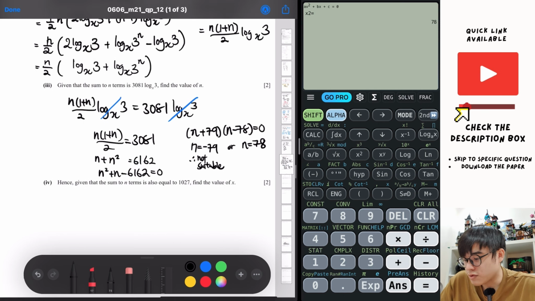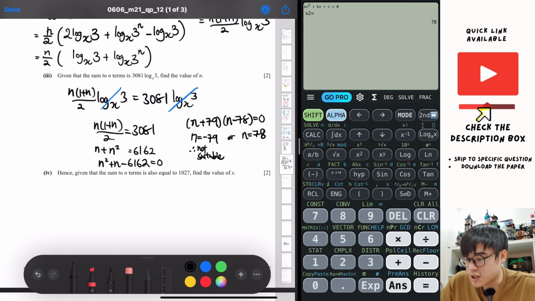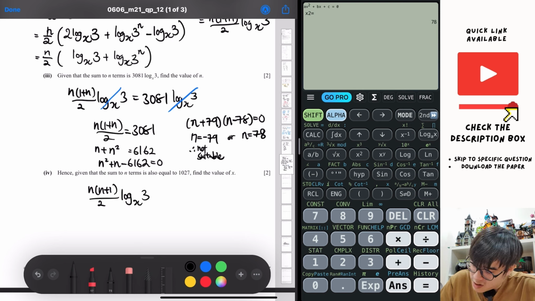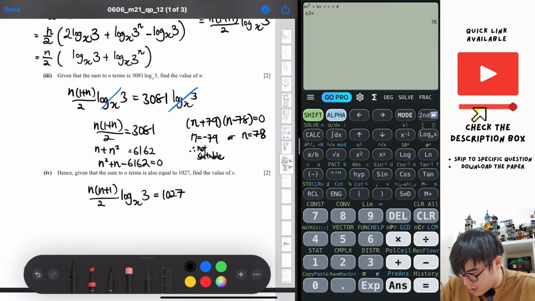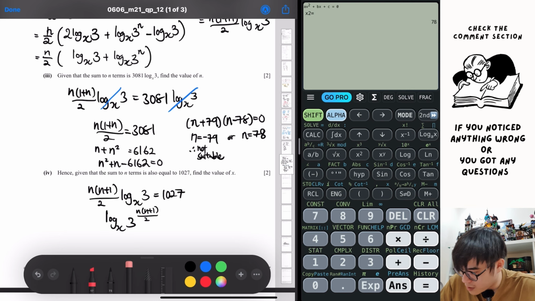Hence, given that the sum to n terms is also equal to 1027, find the value of x now. So the sum here is this. We know that it is 1027. When we adjust this arrangement, 1 plus n and n plus 1 are the same thing.